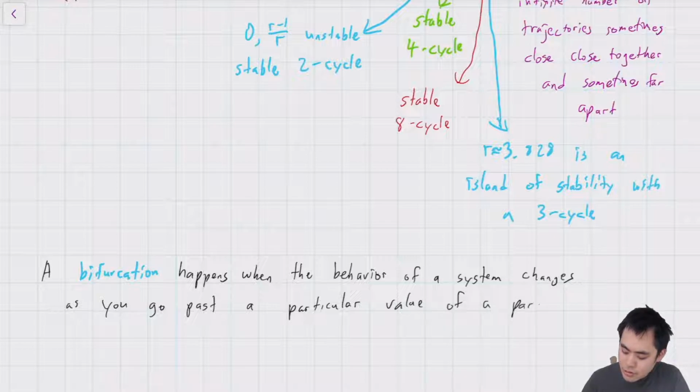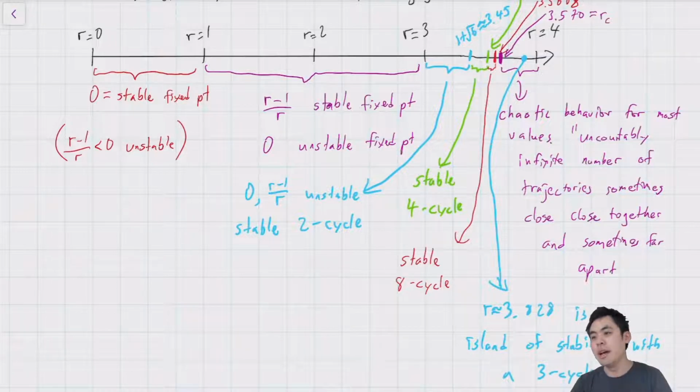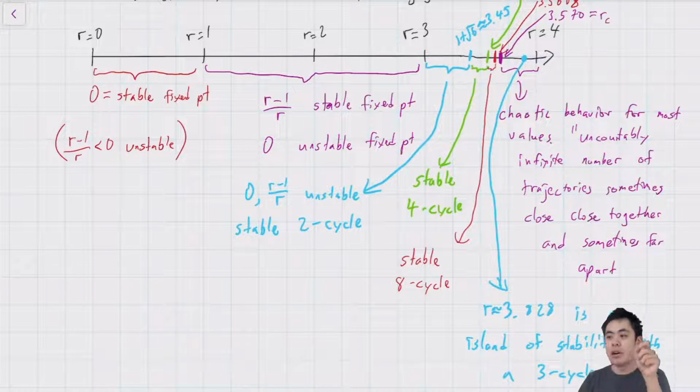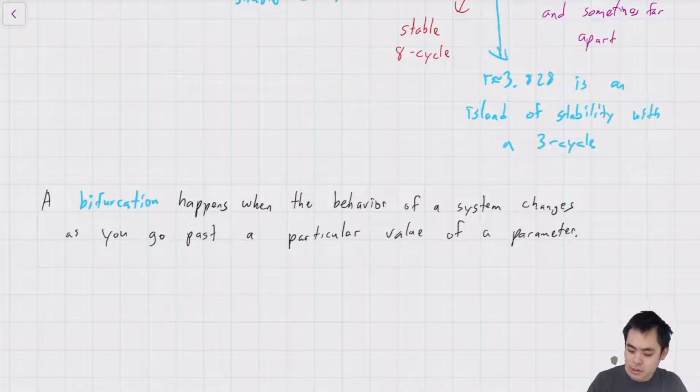And here our parameter is this R value. For R less than 3, you don't have any stable 2 cycles. For R greater than 3, all of a sudden you have a stable 2 cycle. That moment of transition as you move along the R axis is a bifurcation. Let's define this a little bit more rigorously.